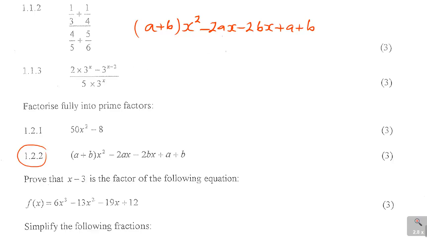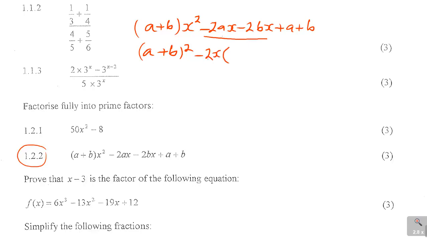Now if I continue with what I am given, and if I take the first 2 and see what is common, I've got a plus b, and then I've got x squared there, minus. Now if you see carefully, I've got 2ax and 2bx, and minus 2x is common.